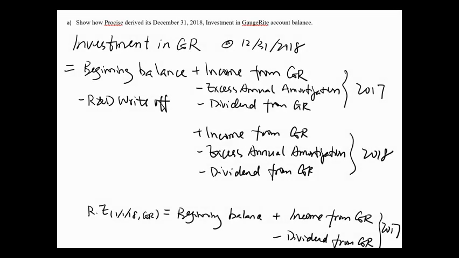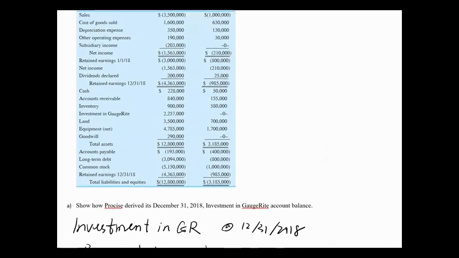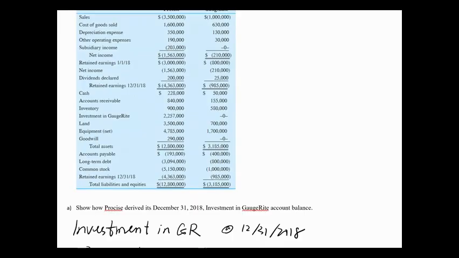Question A: show how Process derived its December 31st, 2018 investment in Goldright account balance. Right now we know the investment in Goldright account balance is this one. The question is how the parent company derived this balance.